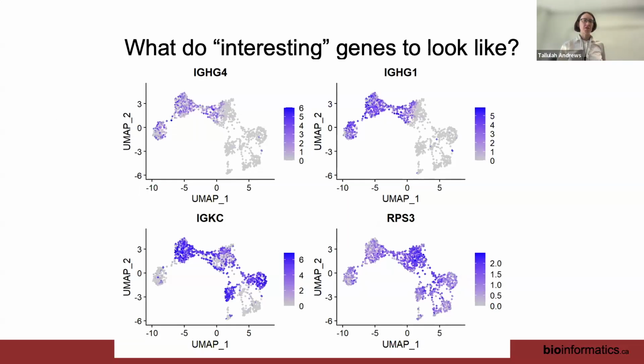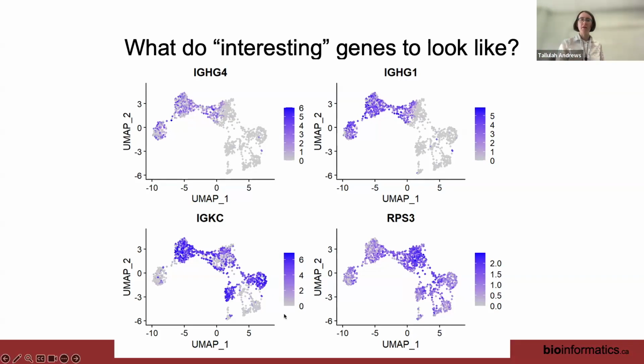So what does an interesting gene look like? Here's some single-cell RNA-seq data from some B cells. You can see three genes that are part of the B cell receptor: IgHG4, IgHG1, and IgKC. Those are all components of the B cell receptor, and they're very differentially expressed between different B cell clones.